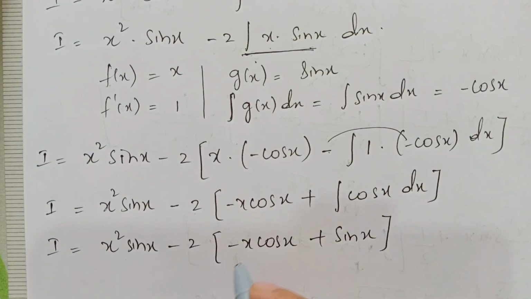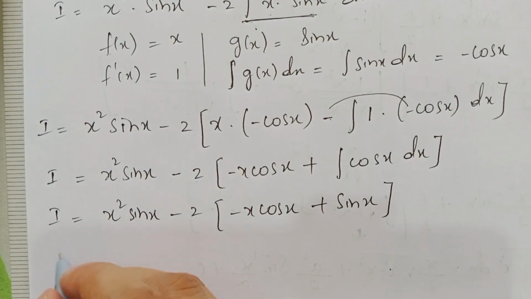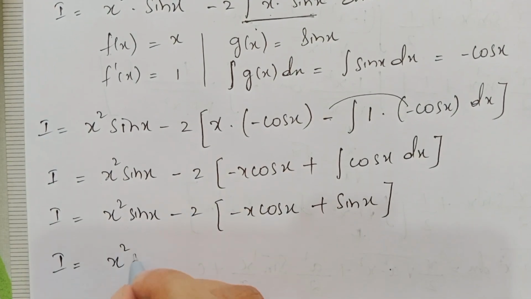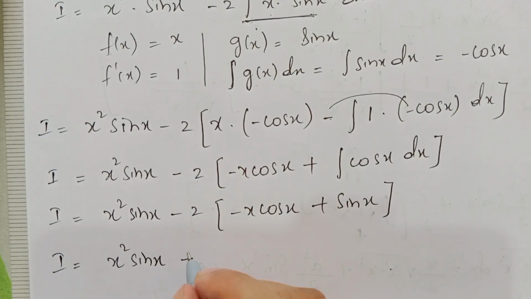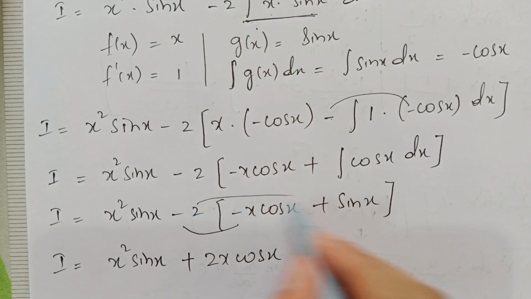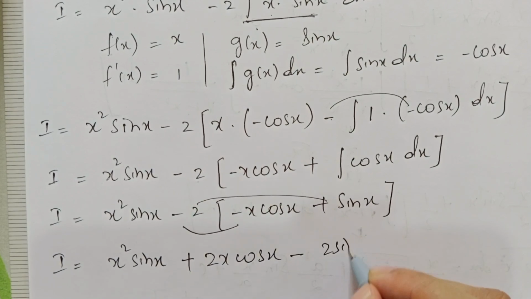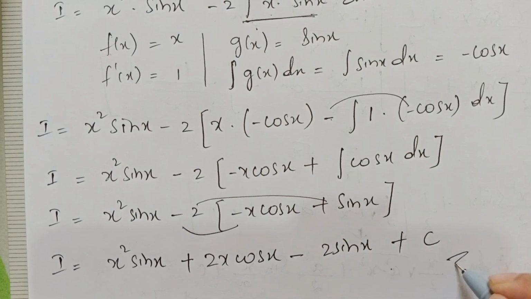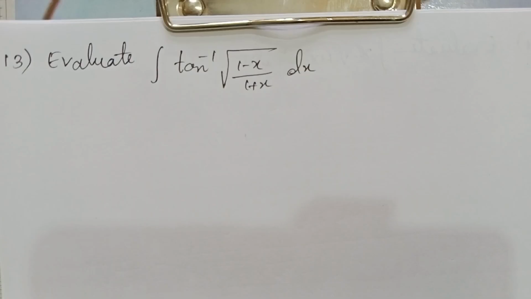Now multiplying minus 2 inside, I is equal to x square sin x plus, right, 2x cos x, and this will become negative 2 sin x plus c, which is our answer.